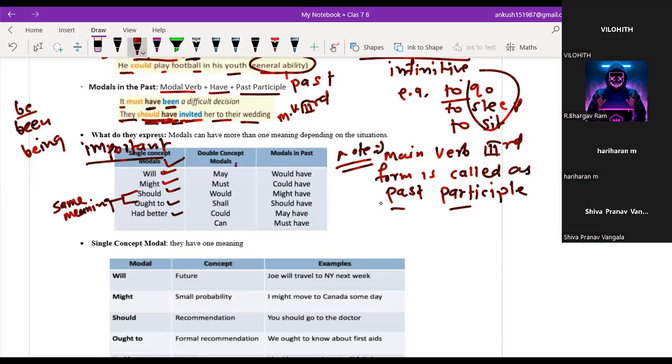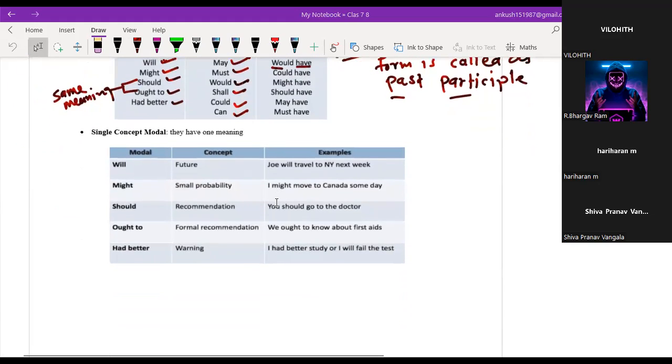But these modals can be used in a double sense, like may, must, would, shall, could, can. And these are the past modals. I already told you, if any modal is carrying have with it, it will become a past modal. Means they are telling you about the past happening or past time.